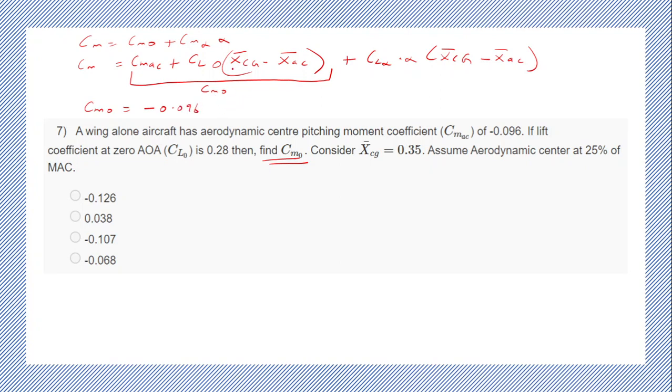So for the person who said Cl alpha into xcg minus xac, are you clear now why it's Cl0? Yeah. So let's proceed with this. Cl0 is 0.28. X bar Cg is 0.35 and this is 0.25. Straightforward calculation. What is the value?